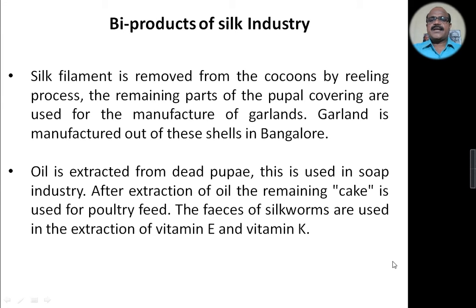So first one is the silk filament, which is removed from the cocoons by the reeling process. The remaining parts of the pupal covering are used for the manufacture of garlands.